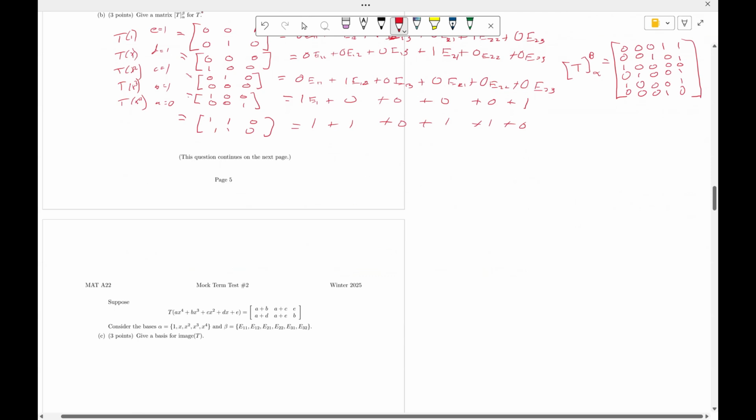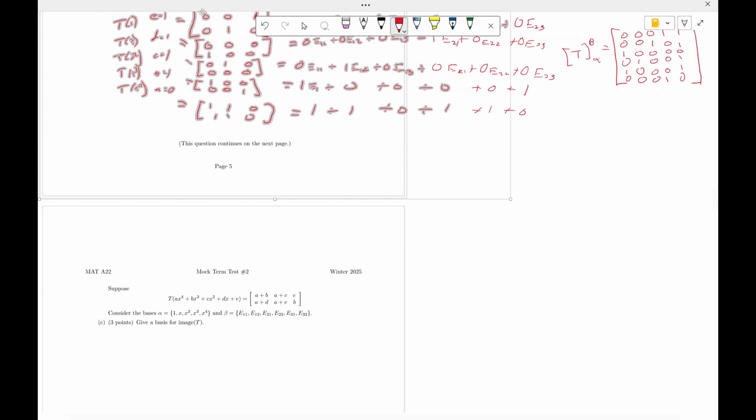Okay. Now what we need to do is create a basis for the image. And we have a nice proposition.